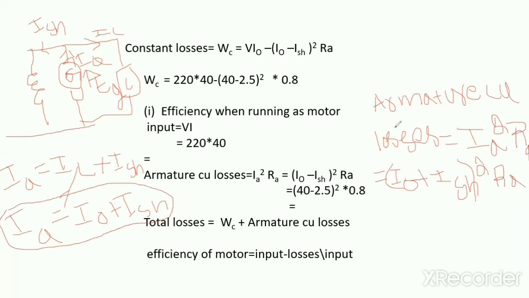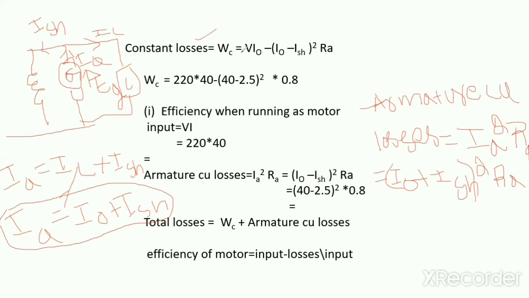After calculating the armature copper losses and constant losses, we determine the total losses in the case of a DC generator. What is the formula for total losses? That is WC plus armature copper losses, which is (I naught plus ISH) whole square into RA plus WC.